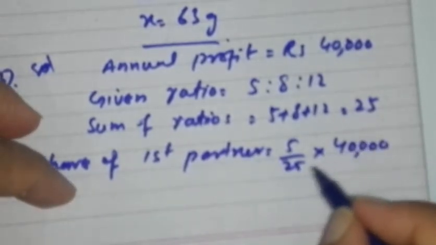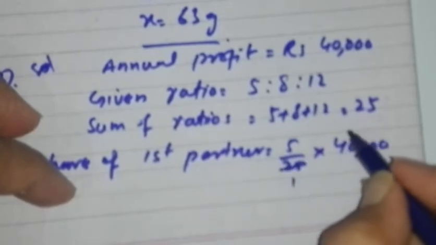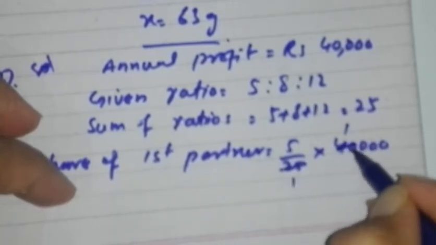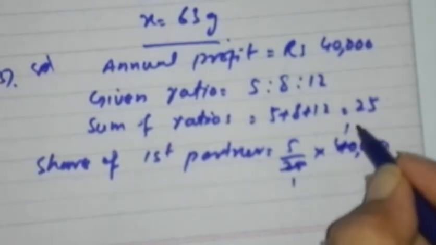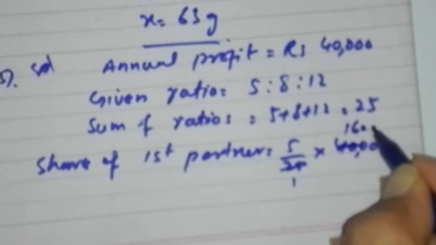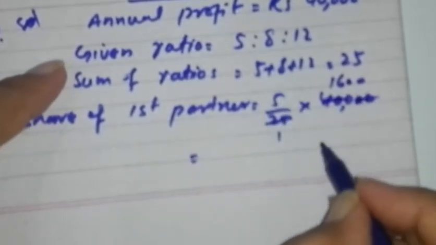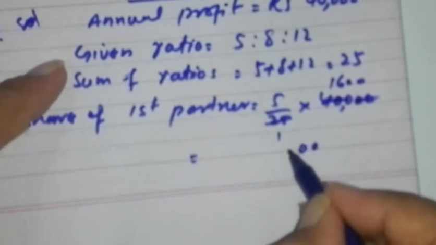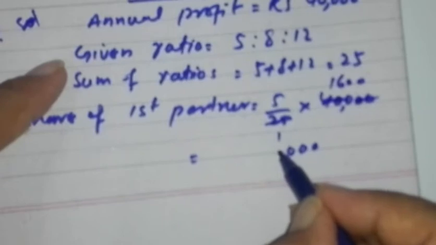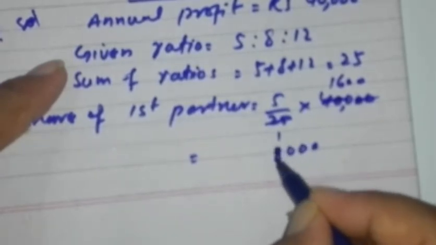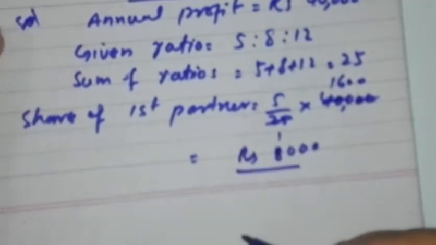Now we can divide it. 25 ones are 25, here remains 15, so 150. 25 6s are 150 and 20 here. Now multiply 5 with 1600. We get 8,000. Rs 8,000 is the share of the first partner.